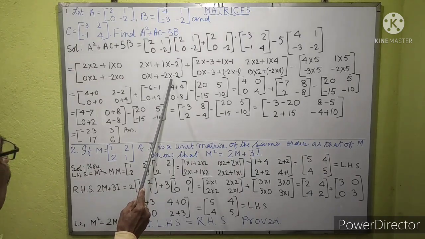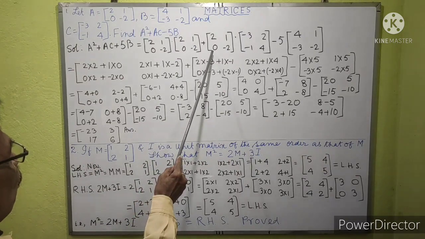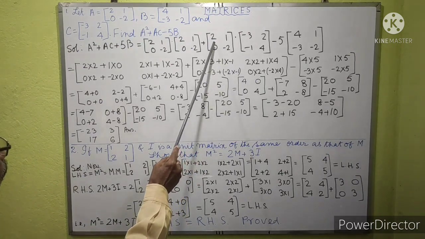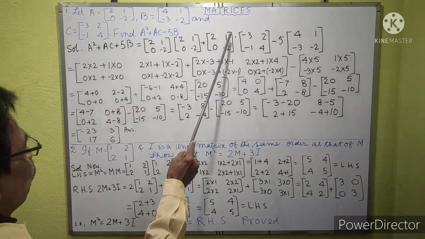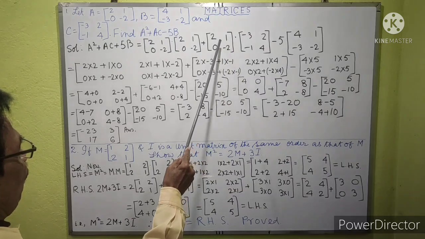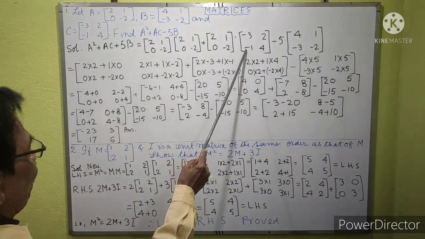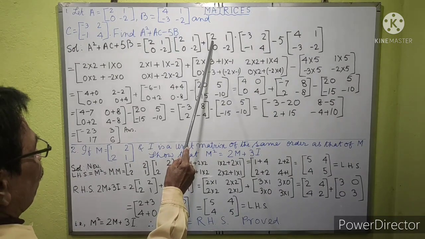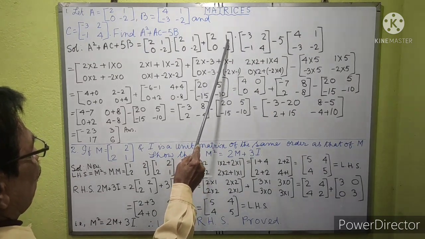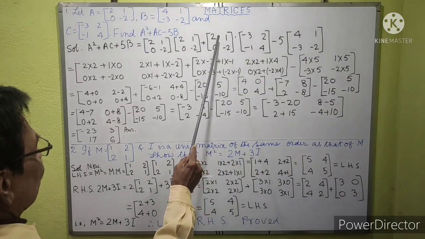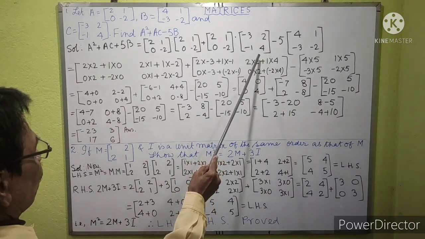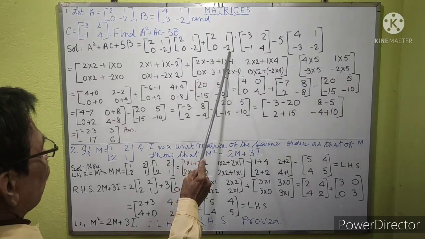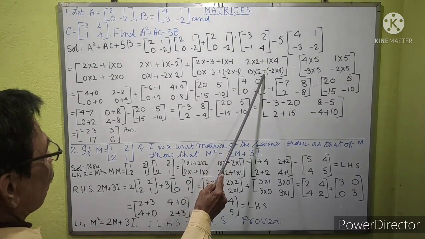This is A into C. So it will be first row: 2 into minus 3 and 1 into minus 1, plus 2 into minus 2 and 1 into 4, that is first row, second column. Again, second row, first column, and second row, second column.